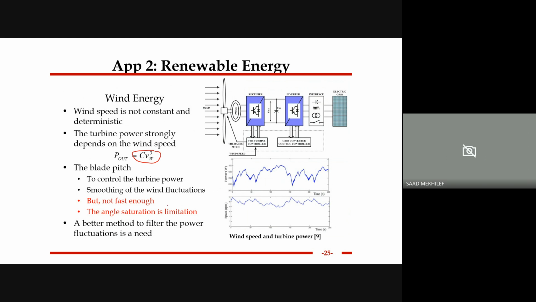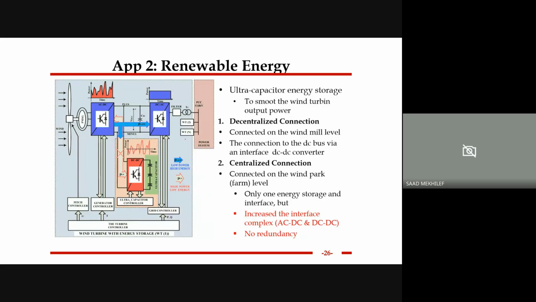There are many ways to control this. Sometimes we adjust the blade angle, sometimes we do braking, but sometimes that may not be enough. So one of the ways we usually use is storage systems, because this helps not only to supply the load, but also to maintain the power being injected into the grid.